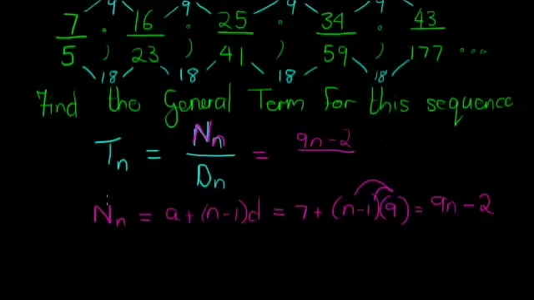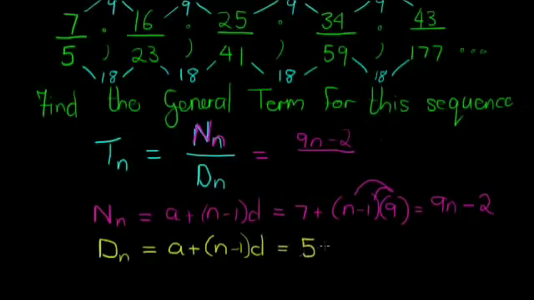How about my denominator? Do you see how easy this is? I've struggled for hours if you don't think creatively from the very start. So the denominator also has a constant difference, which means it's an arithmetic sequence. So a being the first term, which is 5, plus n minus 1.